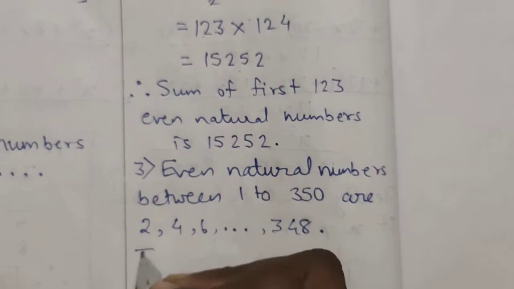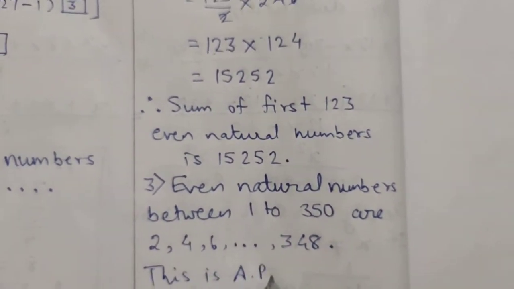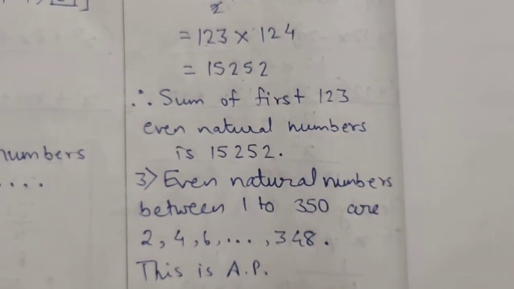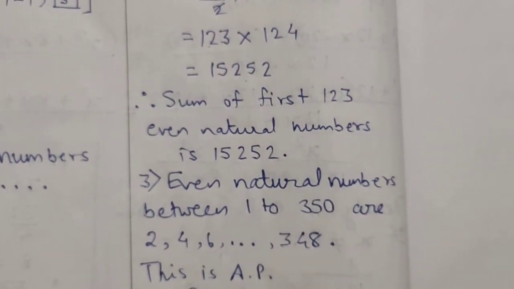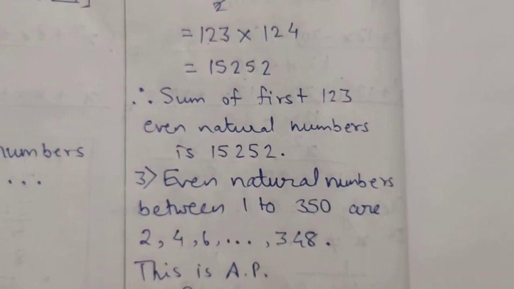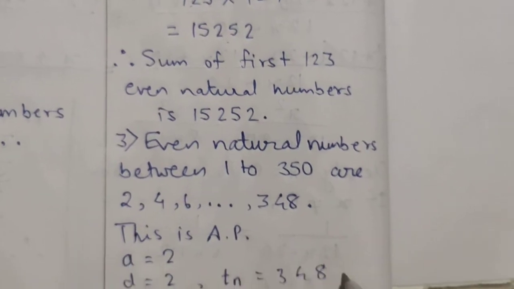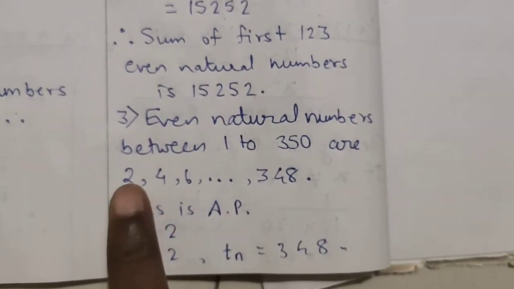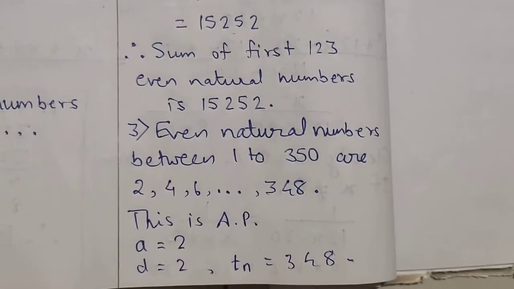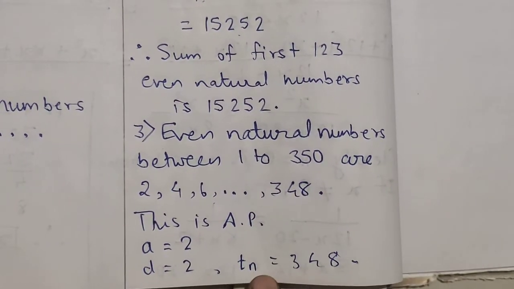Okay, again this is AP, right? Here you are having your first term 2, difference is 2, and also you know the last term, that is 348.